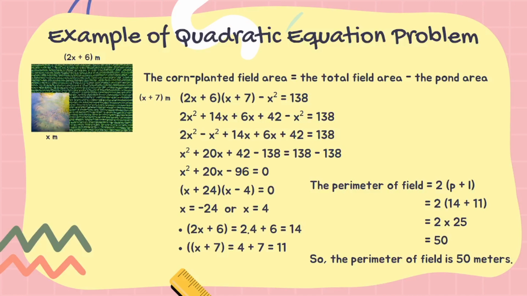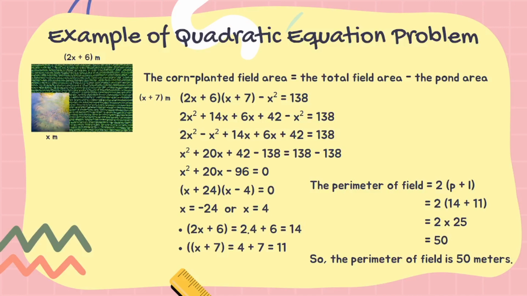Next, we multiply what's inside the brackets first, and we get 2x squared plus 14x plus 6x plus 42 minus x squared equals 138. And we collect the like terms and simplify all of them.